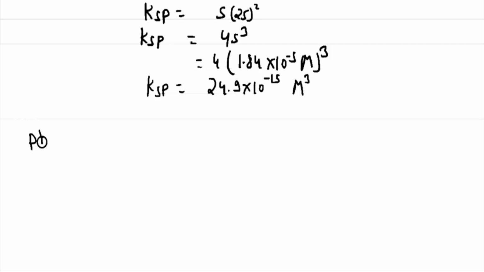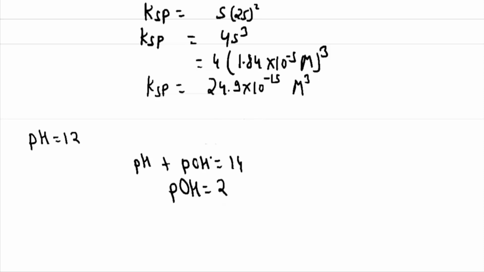We also know pH plus pOH is equal to 14. Since pH is 12, we get pOH equal to 2. We can also write pOH is equal to minus log of OH- concentration, with base 10.